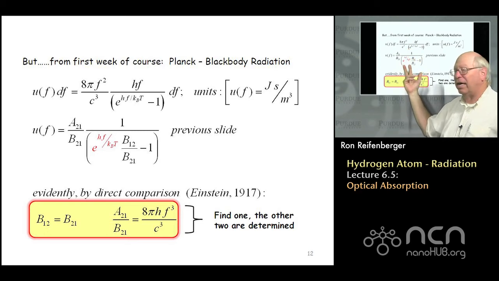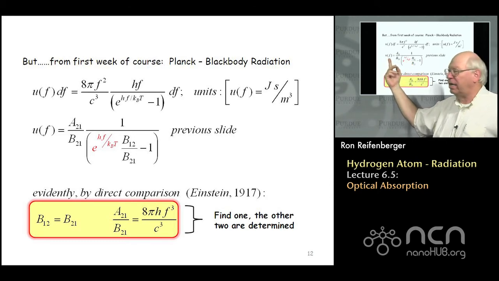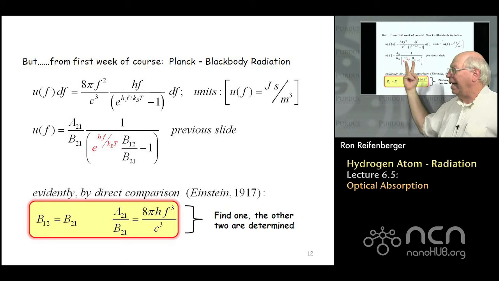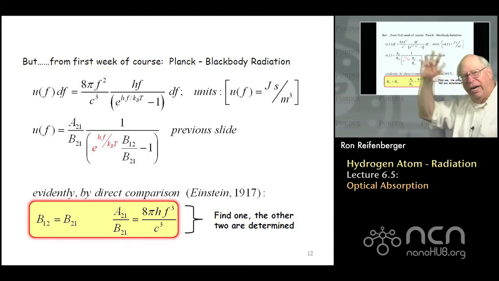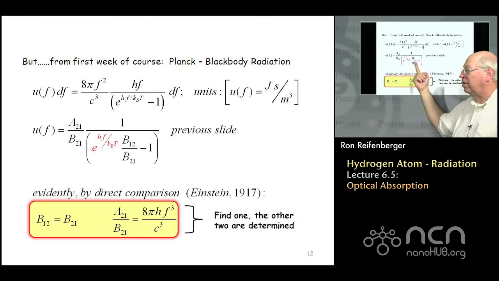And now, based on Einstein's coefficients, we've got an equivalent expression from the previous slide for this same quantity U of f. So we can now compare these two expressions, and we can then get some insight into what these rate constants that Einstein defined in a very abstract sense actually equal. Just by direct comparison, you can see that the ratio B12 over B21 has to equal unity, right?